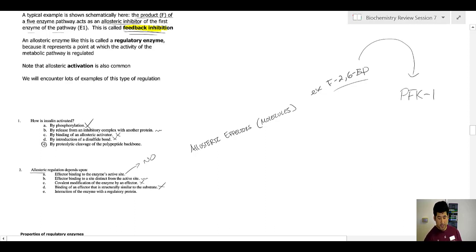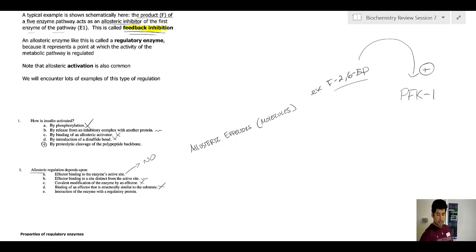It increases the activity, so I could put a plus sign there. So is PFK1 being allosterically activated when fructose 2,6-bisphosphate makes it work faster? Yes? Do we agree with that?